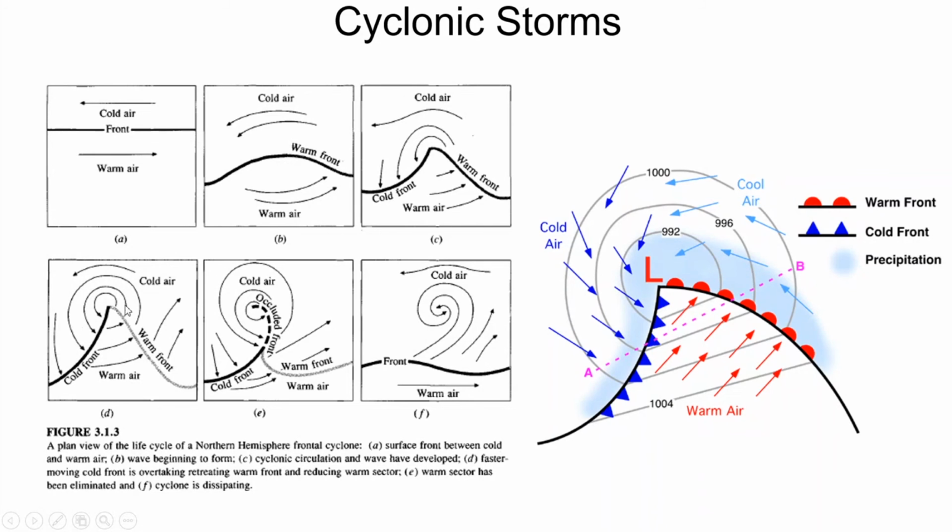And since this cold air has higher velocity, it tries to fill this low pressure region very quickly. Therefore, this cold front goes closer and closer to the warm front, and at some instant, the region between this cold front and warm front vanishes.